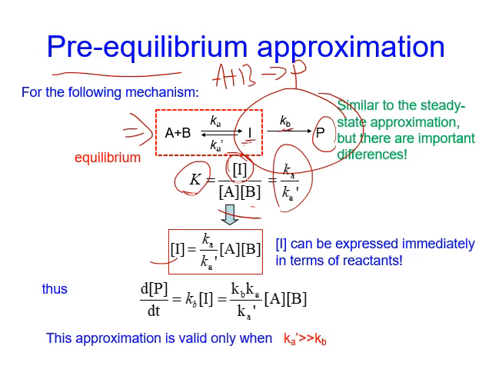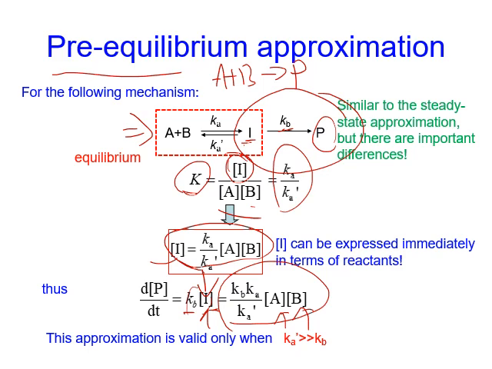So here is Kb times I, but I is an intermediate and shouldn't be in the rate law, and therefore we plug in here the result from the pre-equilibrium approximation, and finally we can find the rate law that only involves A and B. So you see the pre-equilibrium approximation and the steady state approximation have the same idea: when we derive the rate law, the rate law involves an intermediate, and therefore we can use either of these approximations to find the concentration of the intermediate.